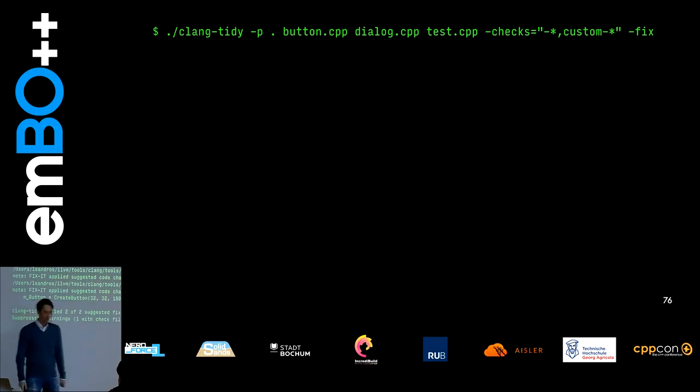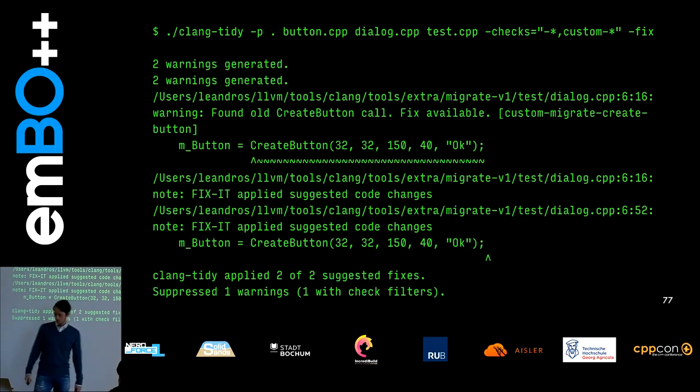If you run it, we get the pretty familiar output from Clang-Tidy. We see here again, we're generating a warning at dialog.cpp line 6, column 16, which is the createButton call. We can also see which of our checks has generated this warning.